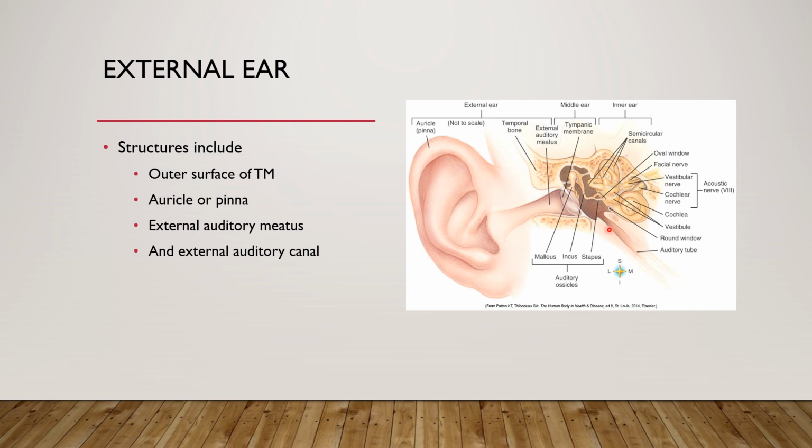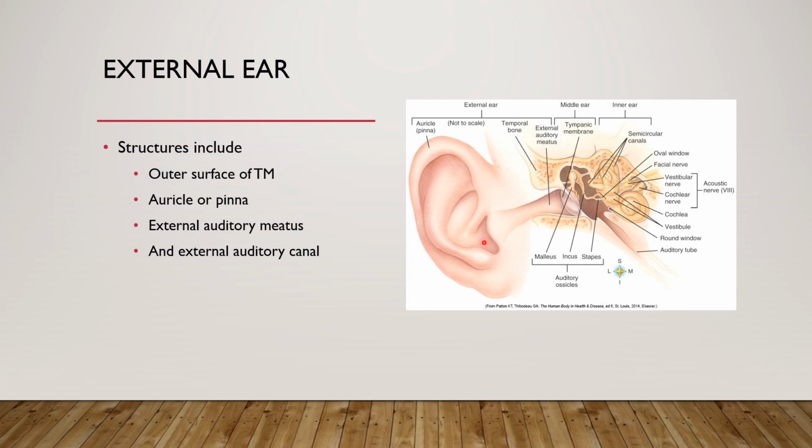Okay, and we have this slide from our book. This right here is our auricle or pinna. Okay, the center contains the external auditory meatus. This is right here. That's our meatus, remember, as an opening. And the lateral third of the auditory canal is surrounded and lined with glands that secrete cerumen.